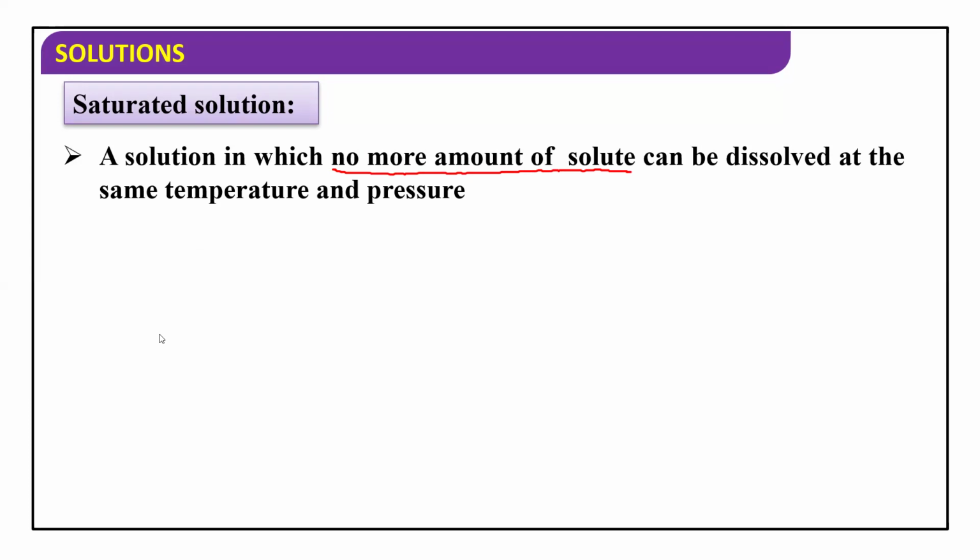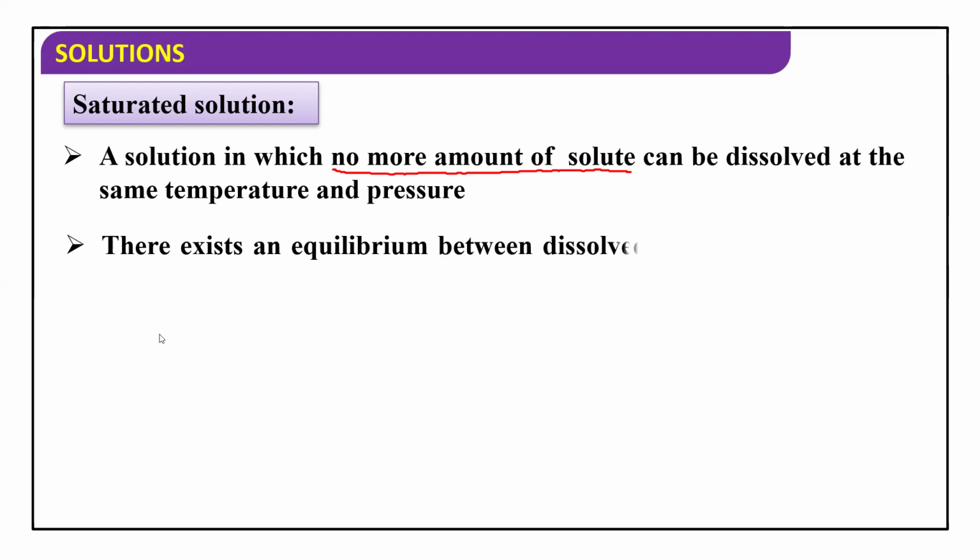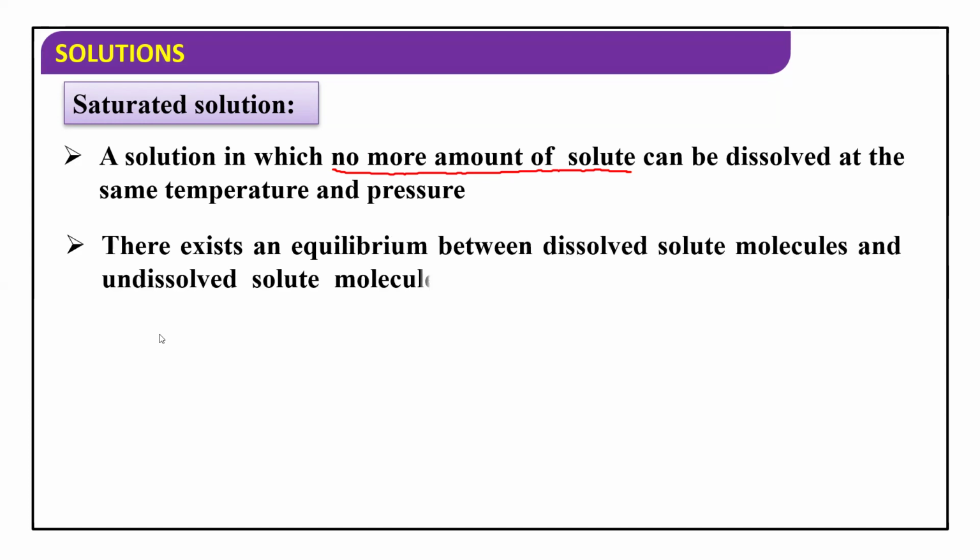Means we have a container and a solution inside that, the solvent and the solute which has formed the solution, and no more solute should be added. The solution has already attained the saturated point. There is no use in adding more solute into that container. That particular solution is called a saturated solution. There exists an equilibrium between the dissolved solute molecules and undissolved solute molecules in the solution.